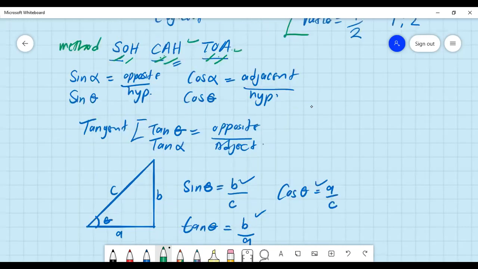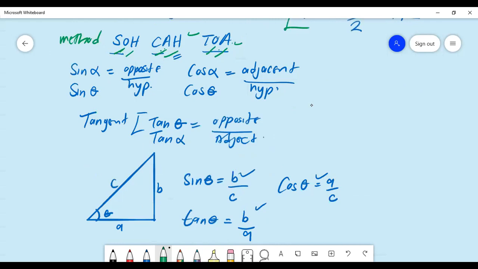Then from there we said we have this triangle here. It must be at 90 degrees. So at 90 degrees, from this one I have A, B, and C, meaning our B is the opposite, the A is the adjacent, and the C is the hypotenuse.